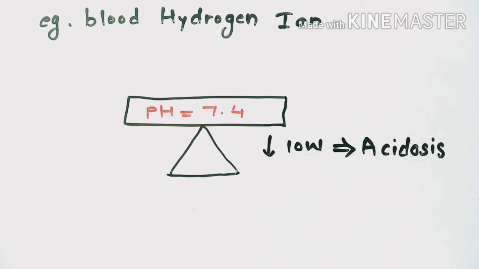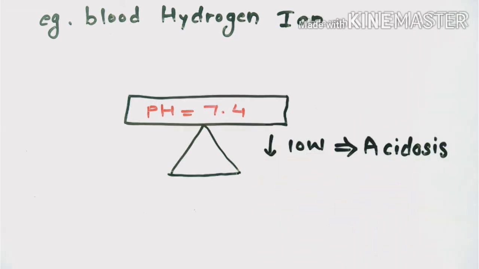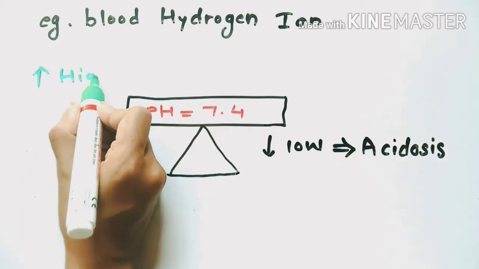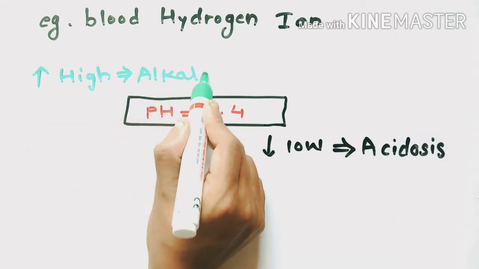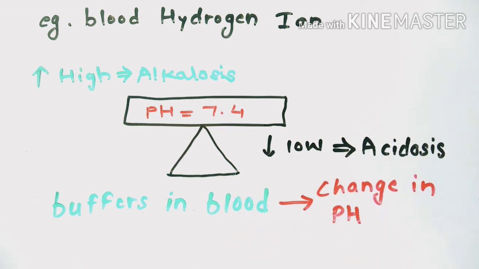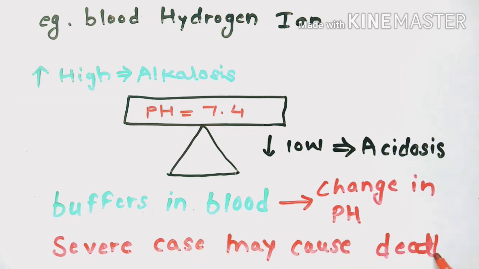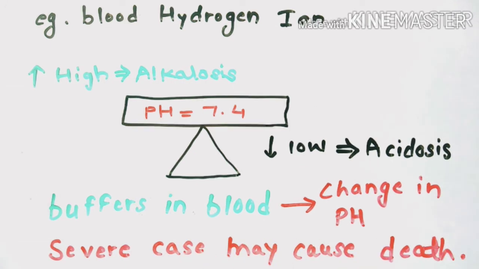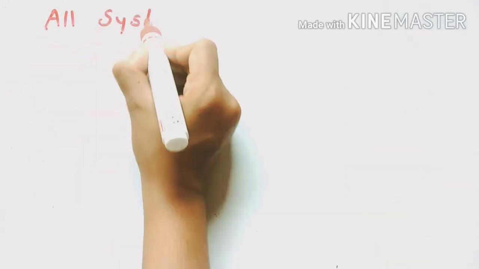If the pH of blood gets too low, a condition called acidosis, this can be very serious because many of the chemical reactions that occur in the body, especially those involving protein, are pH dependent. If pH of blood increases above 7.8, this condition is known as alkalosis. And fortunately, we have buffers in the blood to protect against large changes in the pH. Death may occur in severe cases.